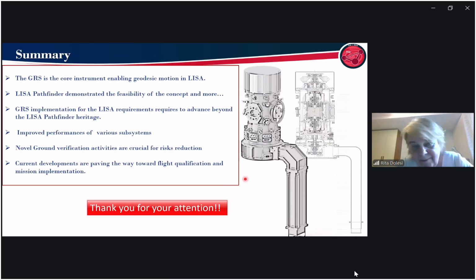Moreover, we are implementing another procedure that should allow us to decrease the outgassing rates even more. That is basically to perform a pre-bake-out on all the elements that will go inside the GRS in order to reduce the overall outgassing. This seems to work, and also reduces the risk of contamination.